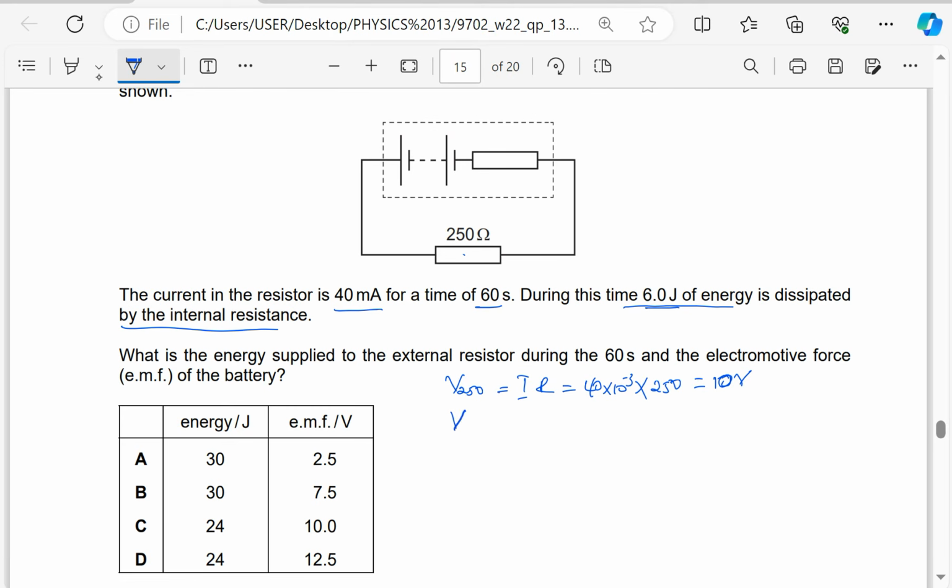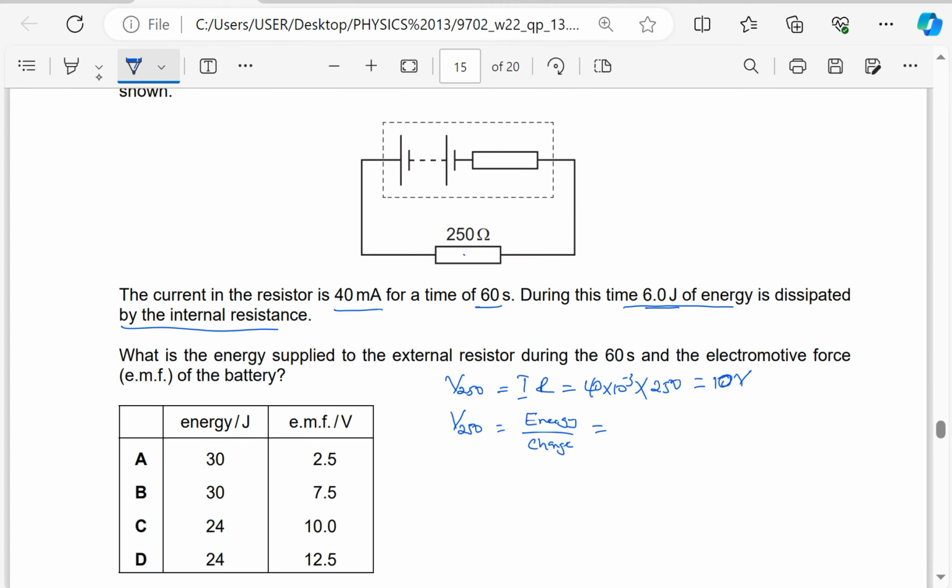But remember, terminal PD is given by the energy per unit charge, electrical energy per unit charge. That is terminal PD.